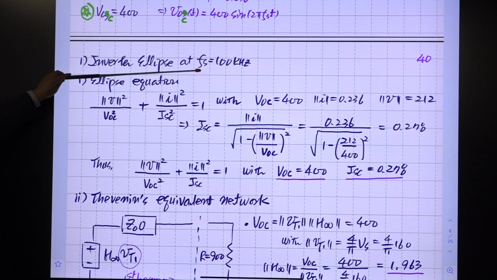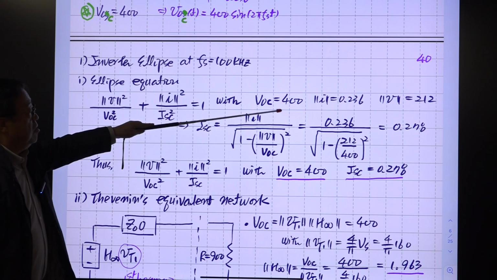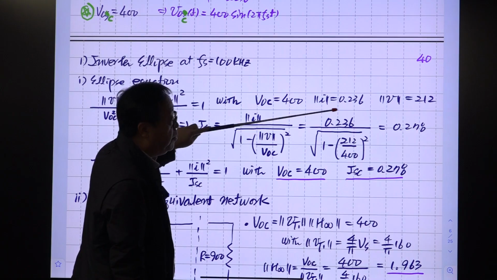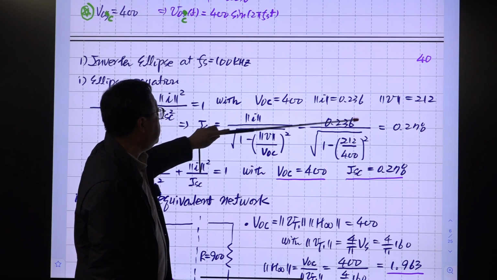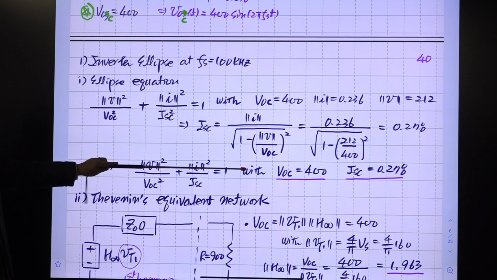This switching frequency is given in advance, and the ellipse equation is this. All right, so there are 4 variables, but 3 variables are already known. We know this. This is given by the spec, and this is given by spec, and this is derived from the output power requirement. So 3 values are known. The remaining value is determined like this.